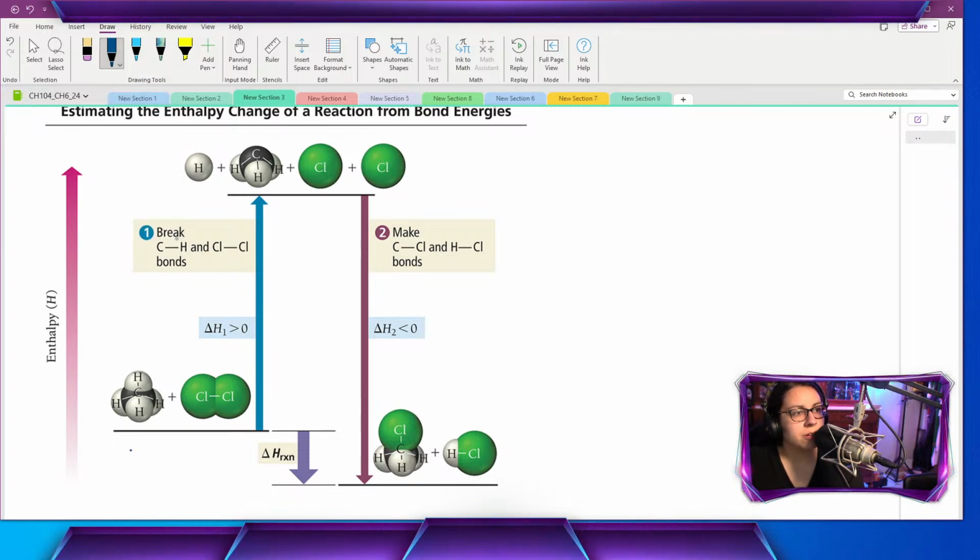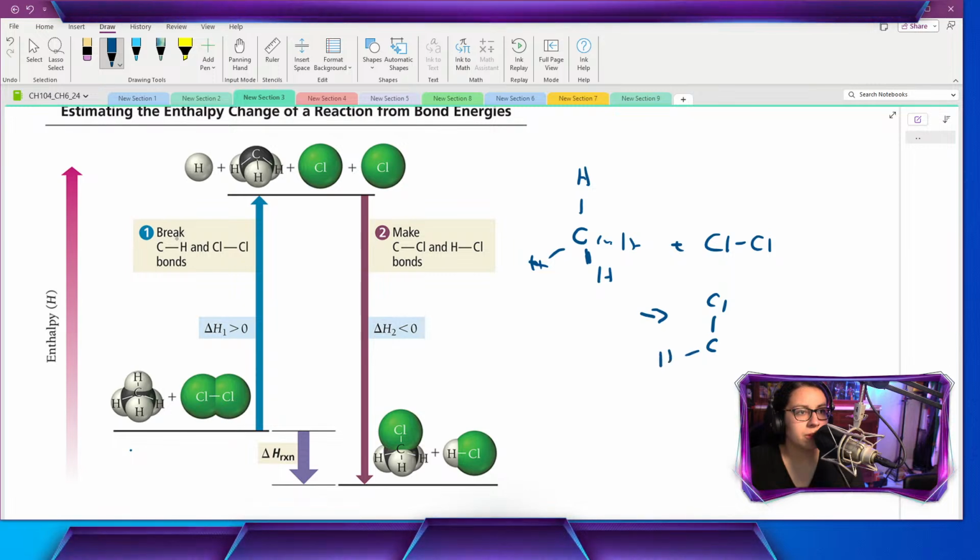We have our starting reactants over here: methane, that's CH4, plus chlorine, and then that gives us chloroform.